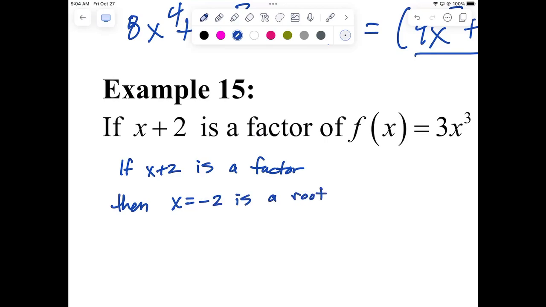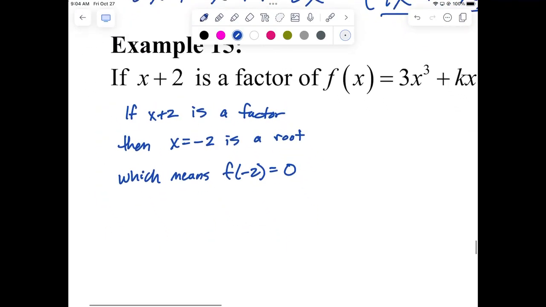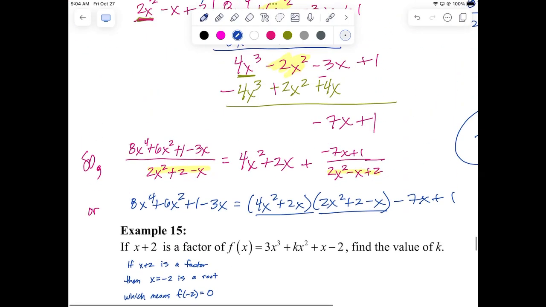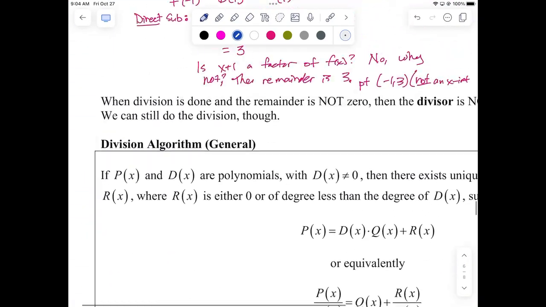Which means, going by logical consequence, f of negative 2 must equal 0. So I have two ways that I can evaluate f of negative 2. I can do direct substitution, which we learned yesterday is sometimes a lot nicer than synthetic substitution.